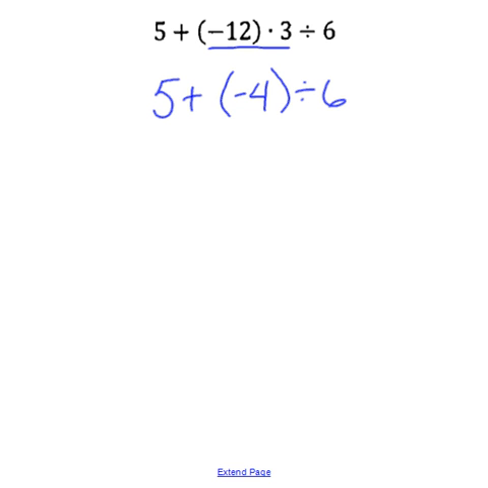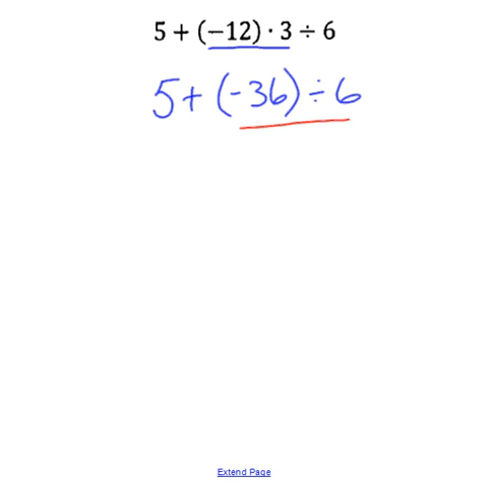So now, hope some of you caught that mistake. I was doing division when I should have been doing multiplication. So negative 12 times 3 is actually negative 36 divided by 6. So now we're going to do this.